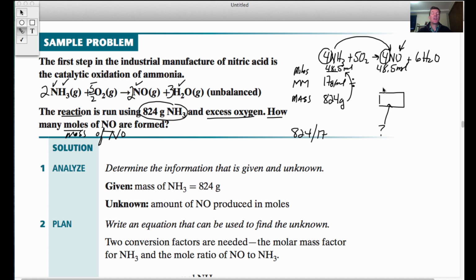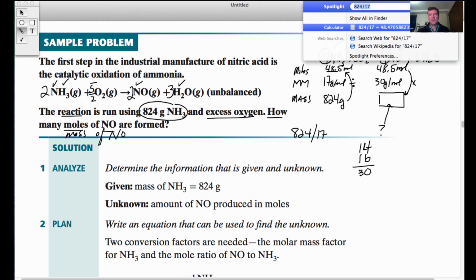Now I need the molar mass of NO. Well, NO, N is 14, oxygen is 16, so we're at 30 grams per mole. And when I go this direction, I want to multiply. So if I have 48.5 moles, and each mole is 30 grams, that's 48.5 times 30.